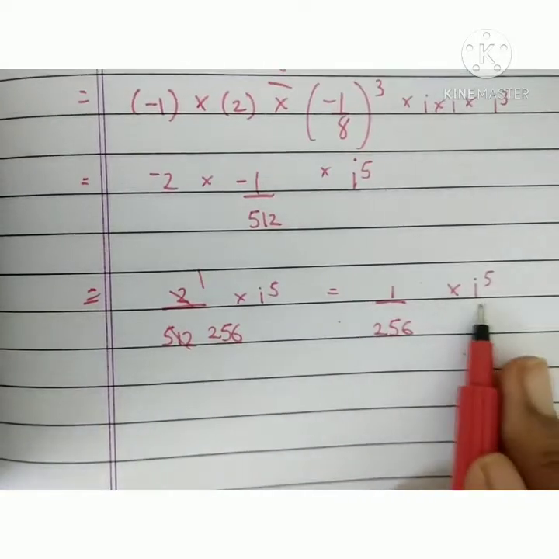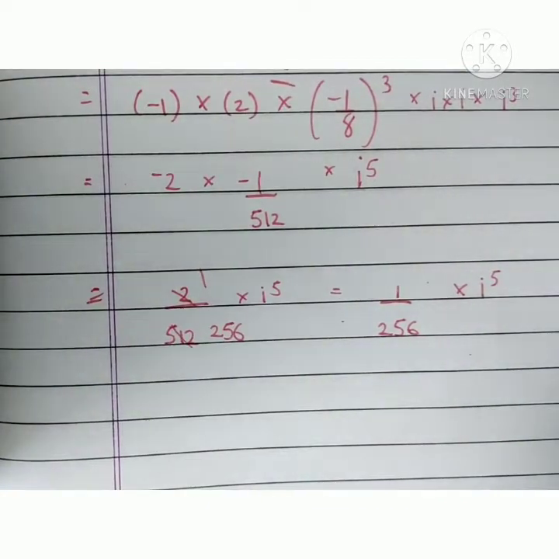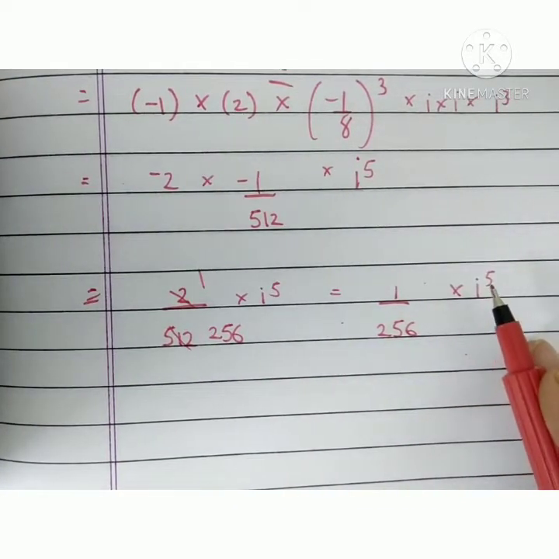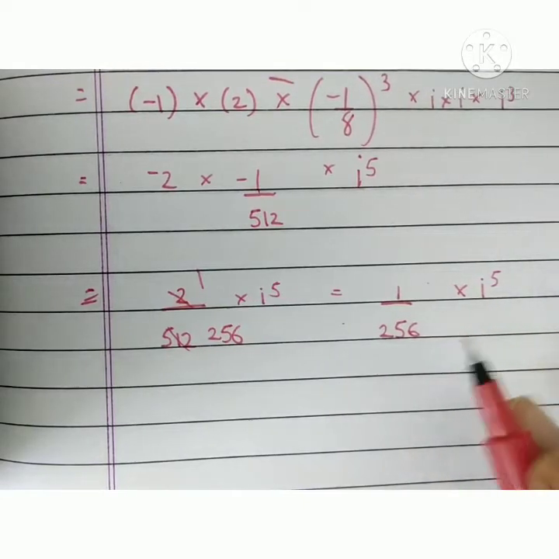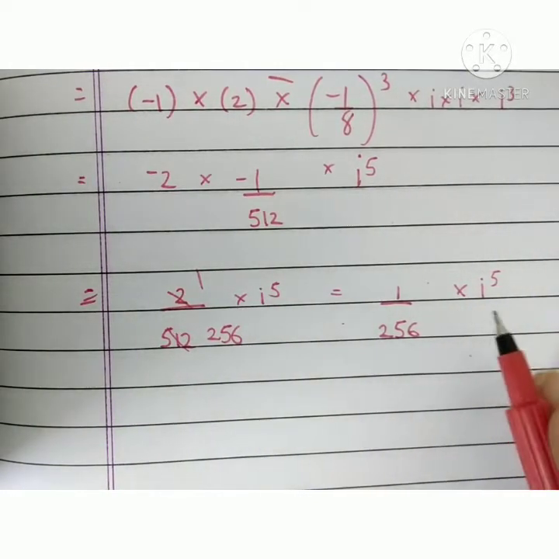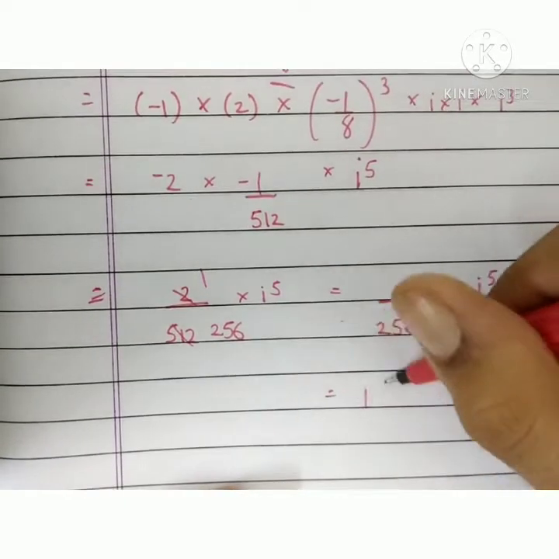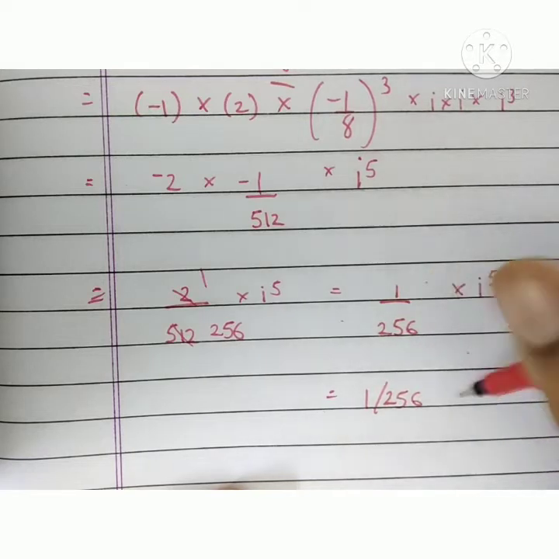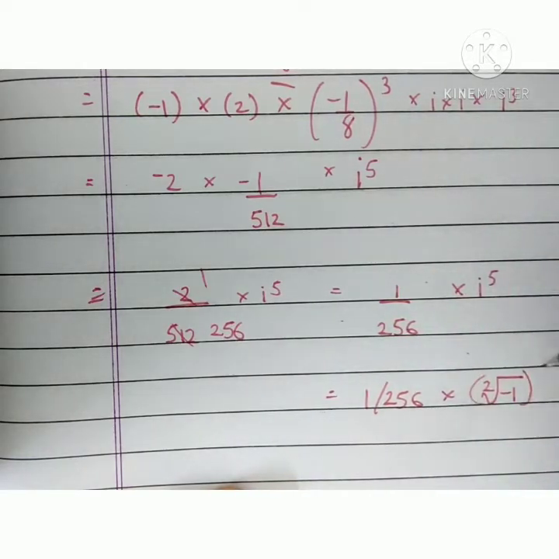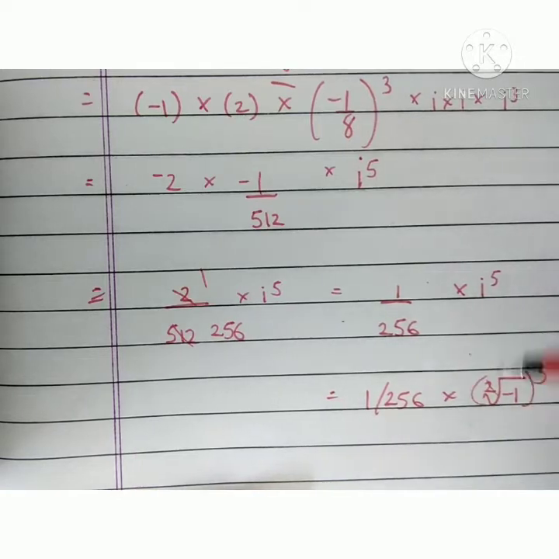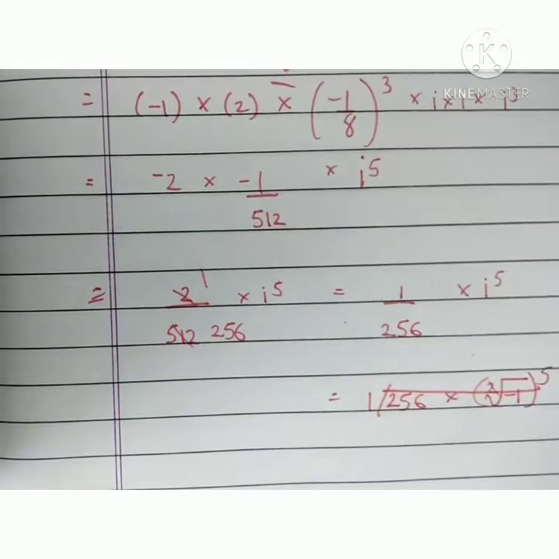If it was 2, 4, or any even number power on i, it would have been pretty good for me, because on square root there is a 2 hidden. So I need an even number, because if I write this as 1 by 256 multiplied by root minus 1 raised to 5, I cannot cancel them. So let's see what I can do.